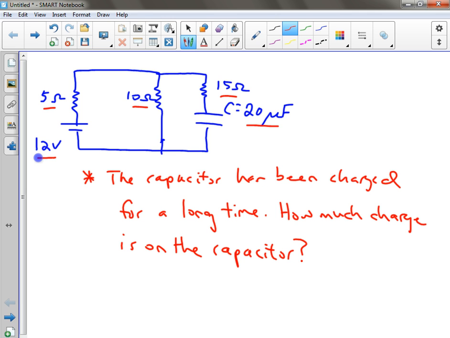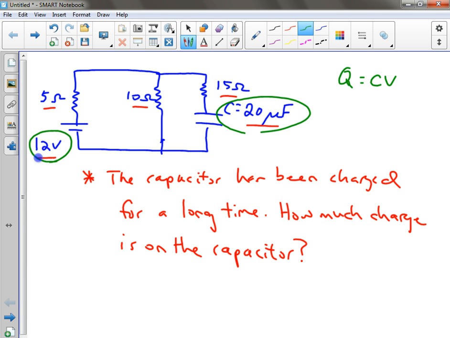The incorrect method of solving this problem would be to automatically take the battery and the capacitance and do Q equals CV. Because even though the 12-volt battery is attached to the circuit, the capacitor is not getting all 12 volts.